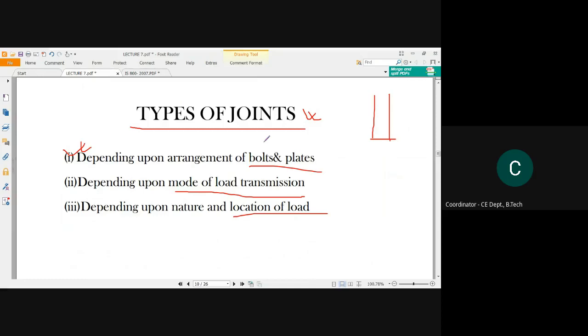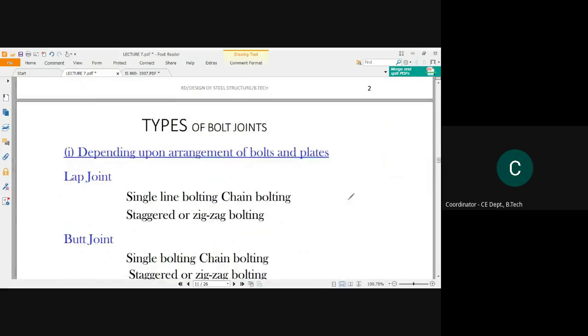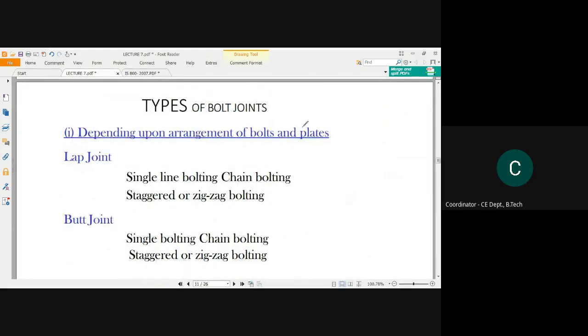Before understanding the types of joints, we need to know the arrangement of bolts and plates, the mode of load transmission, and the nature and the location of load.